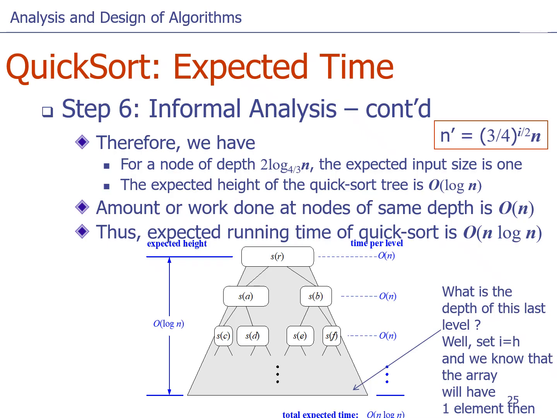So what I have found from the previous slide is that n_node, which is the size of the current subarray I am working with at any level in the tree, is going to be at most equal to (3/4)^(i/2), where i is the depth of this node, multiplied by n. Well, that's interesting. Let's actually look at the leaf level, which we have to reach in quicksort, which is the base case at which we do nothing because there is nothing to be done.